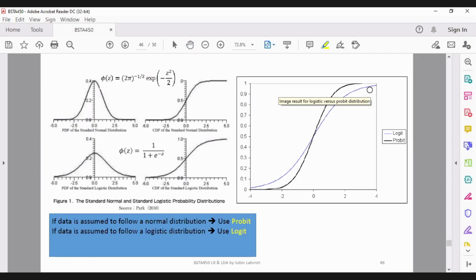If x's are assumed to follow a normal distribution, use probits.